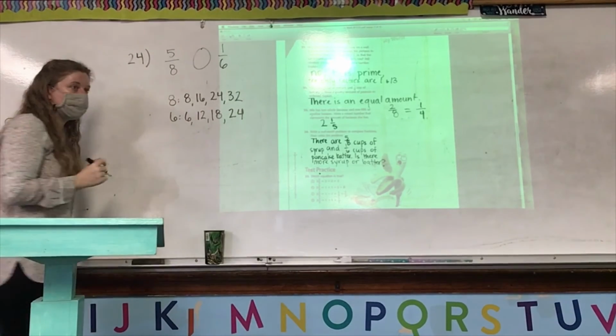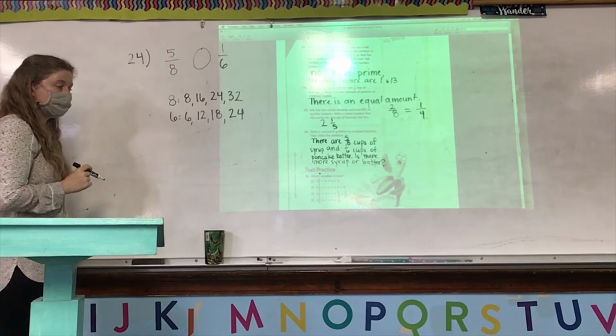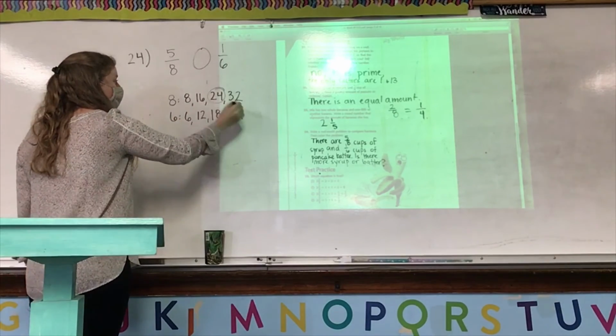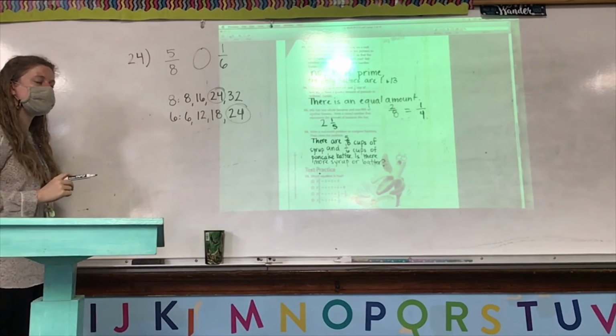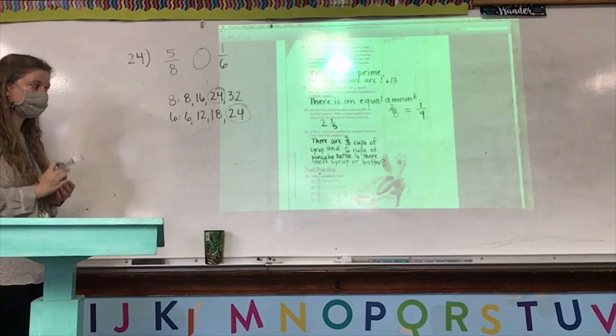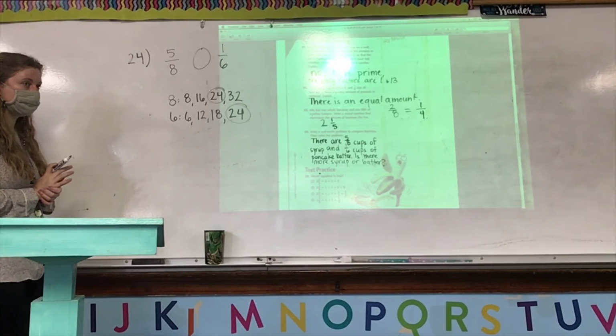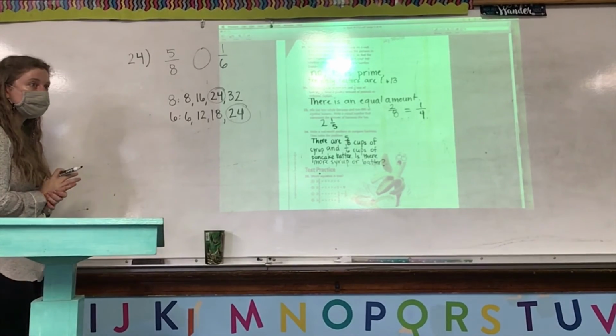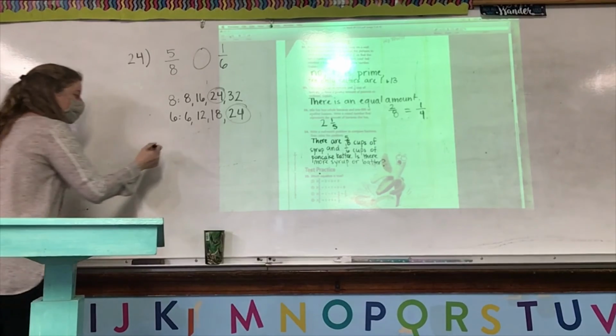Did we find a least common multiple? Yes. What is it? 24. So what do we do with that least common multiple? It needs to become our denominator.